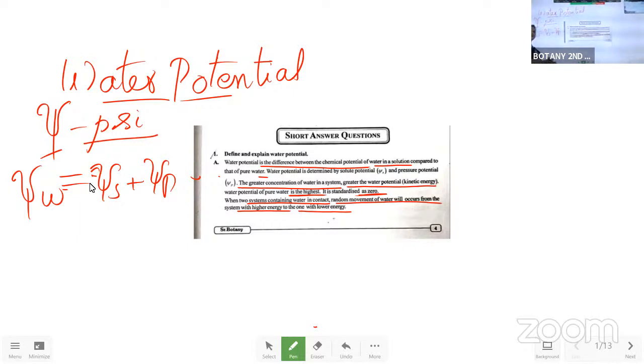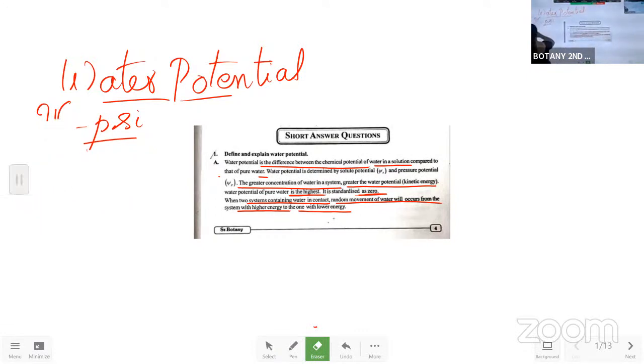In a solution, when the solute molecules are more, the number of water molecules decreases. So water potential decreases with the solute molecules present in a solution. Water molecules move from high energy to low energy, otherwise from high water potential to low water potential cell. That's it. With this, we can wind up this question.